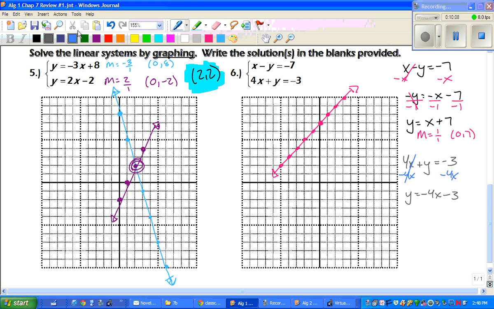Our slope is negative 4, and the y-intercept is 0, negative 3. So I'm at 0, negative 3. I go down 4, right 1. That's not right. So let's work the other direction. We've got to go backwards. So I'm going to go up 4, 1, 2, 3, 4, left 1. 1, 2, 3, 4, up 1. And there we go.